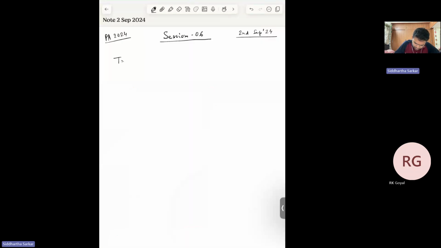So we have seen tree decomposition. We have also seen simple tree decomposition. And now we want to understand what is a nice tree decomposition.